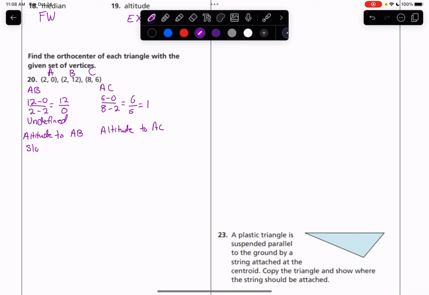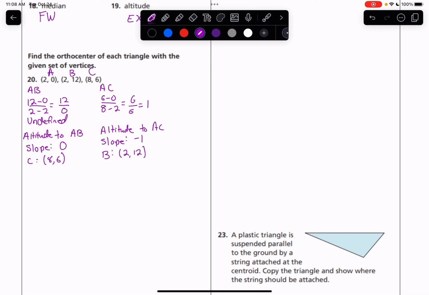So the slope of the line is 0. And then the point that the altitude to AB goes through is point C, which is at 8, 6. The altitude to AC will have a slope that's the opposite reciprocal of 1, which is -1. And it'll go through point B, which is 2, 12.